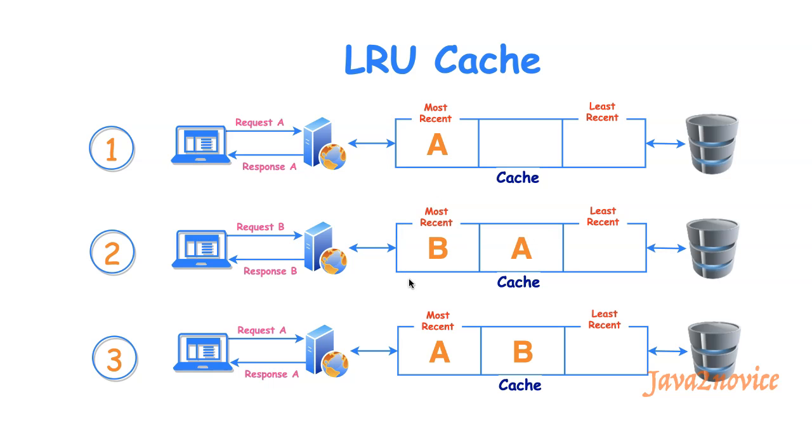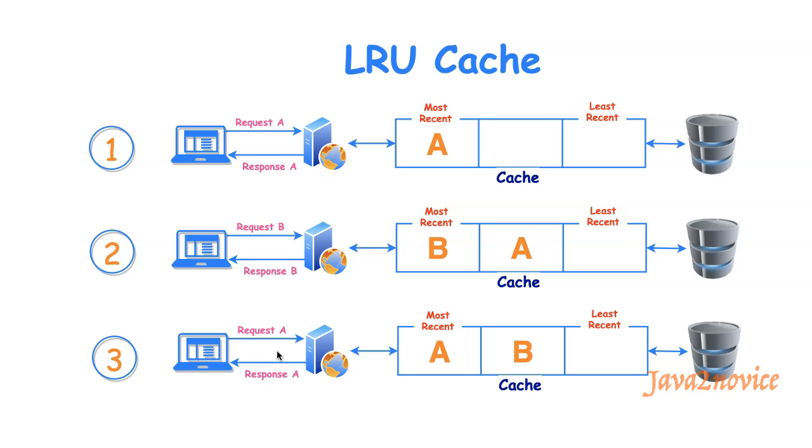Since request B data is accessed very recently, it must be prioritized. It must be first in the order in the cache. If you notice here, request B data is in the first position and request A is moved to the second position. B is the most recently accessed one.